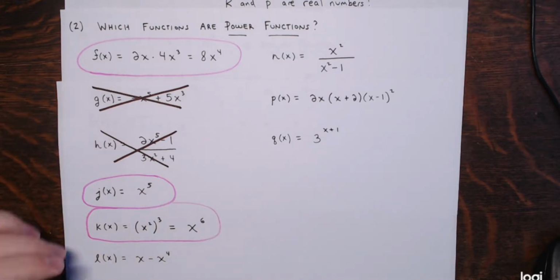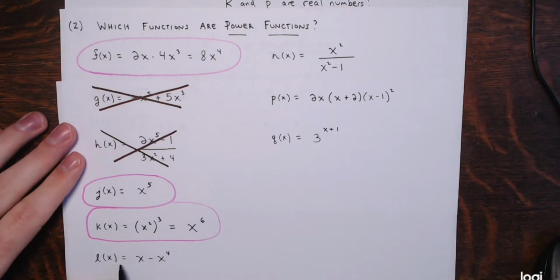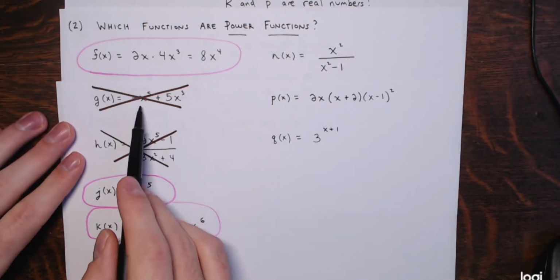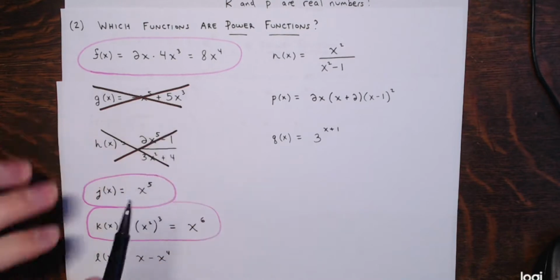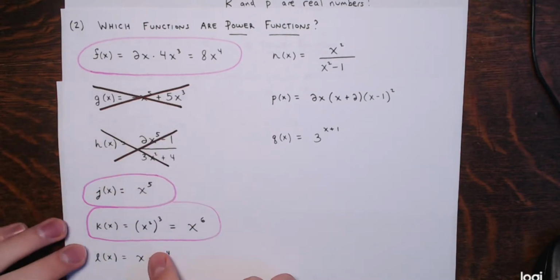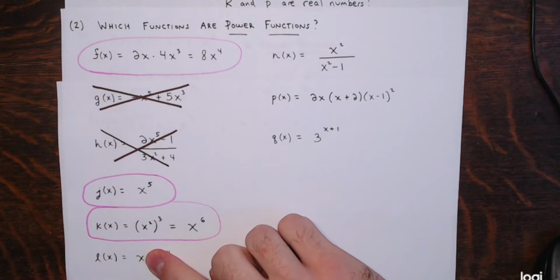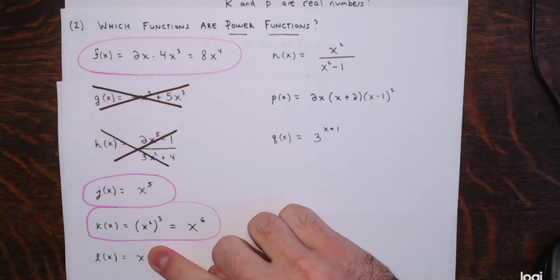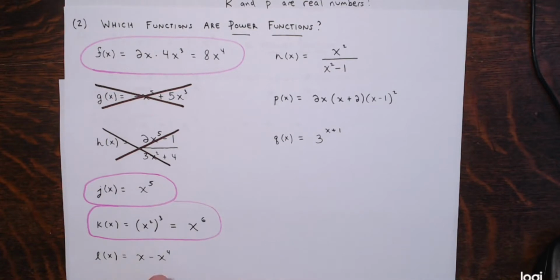Now for this next one, L of x equals x minus x to the 4th. Kind of like my g of x earlier, each individual term would be a power function. If I just had L of x equals x, that would be a power function. If I had just L of x equals negative x to the fourth, that would be a power function.